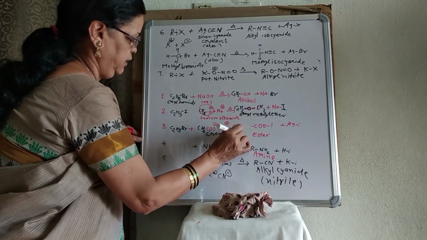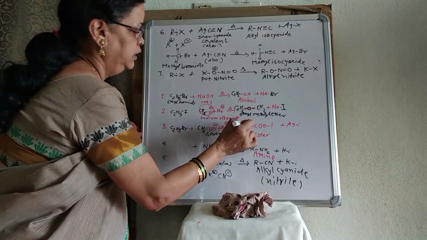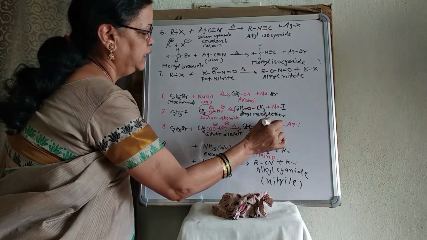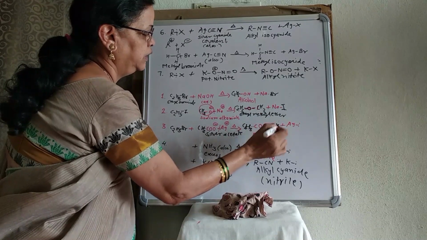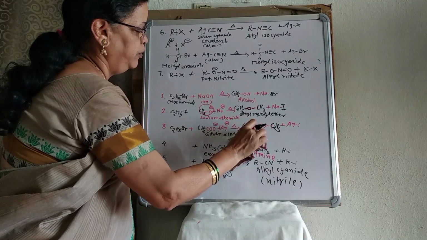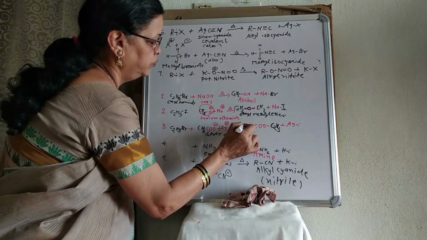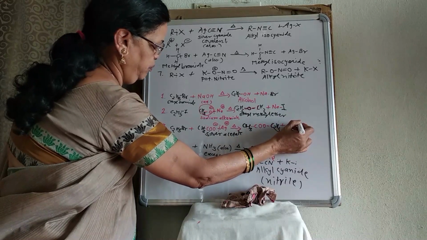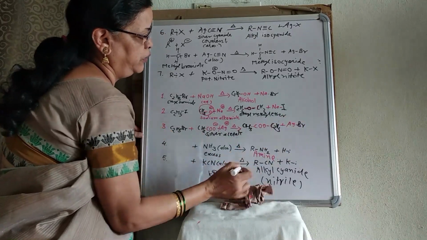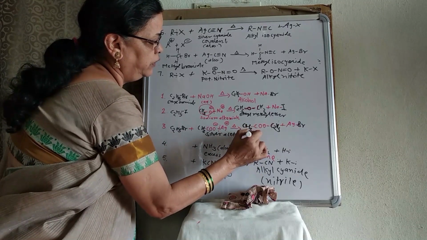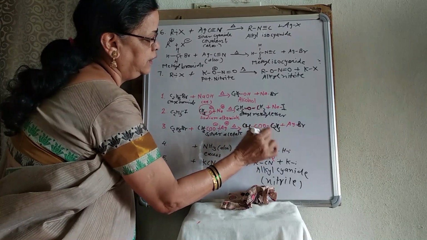Silver acetate and ethyl bromide give CH3COOC2H5, an ester, plus AgBr as a byproduct. So what is the name of this compound? The ethyl group we have to take first, alphabetically, and then acetate.